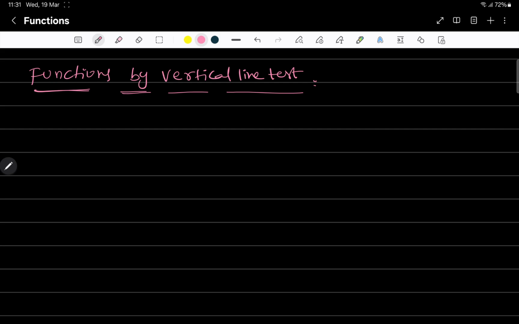Students, now we are going to discuss about functions by vertical line test. Vertical line means like this, like y-axis. So this line is called a vertical line. So using this line, now we can say the given graph is a function or not. See the graph.